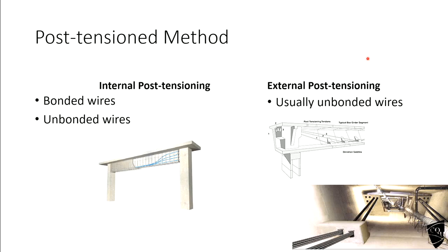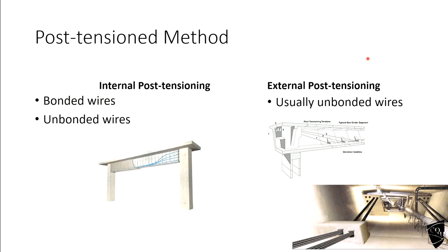Okay, so what we are covering in this unit is mostly the bonded wires. The theory we are covering in this unit is mostly for the bonded case, which means it can be used for bonded wires as an internal post-tensioning or pre-tensioning, so either will work.